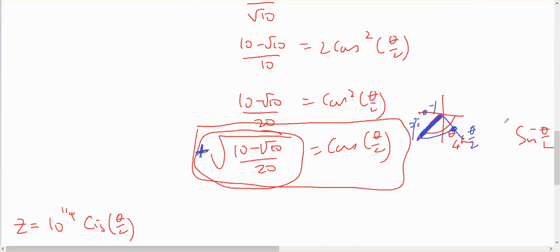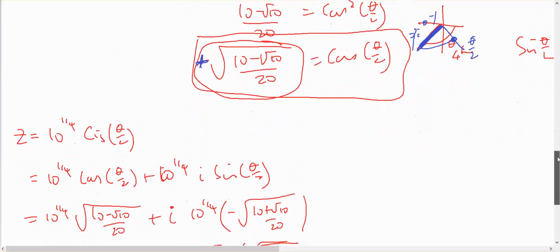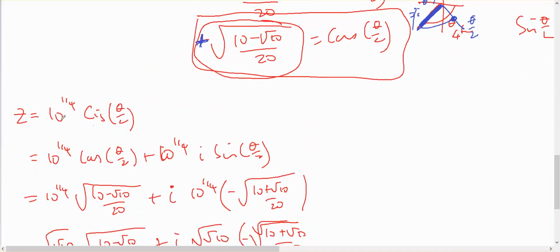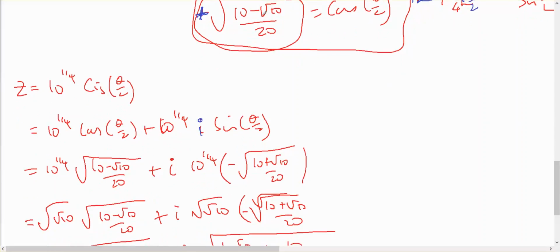So, what have I got? I'm trying to solve for Z, where Z is 10 to the 1/4 cis theta on 2, which is 10 to the 1/4 cos theta on 2, plus 10 to the 1/4 i sin theta on 2. Substituting in these values for cos of theta on 2 and sin of theta on 2 gives me this and this.